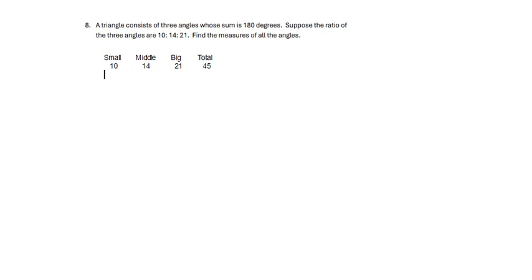In every single triangle, the total of all the angles must be 180 degrees. So underneath total, I am going to write 180 degrees. But we have to know what small, medium, and large are, which we don't have a clue. That's okay. We're going to find out. For small, I'll write X. For middle, I'll write Y. And for big, I'll write Z.